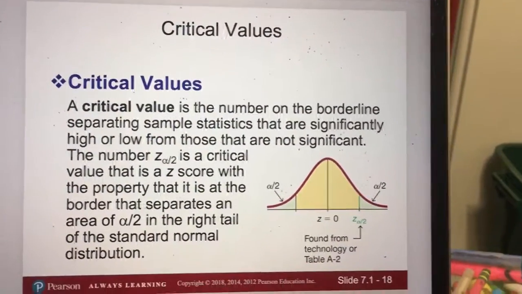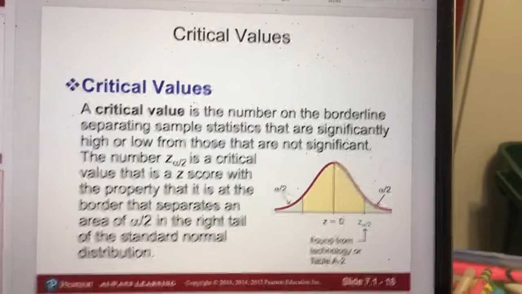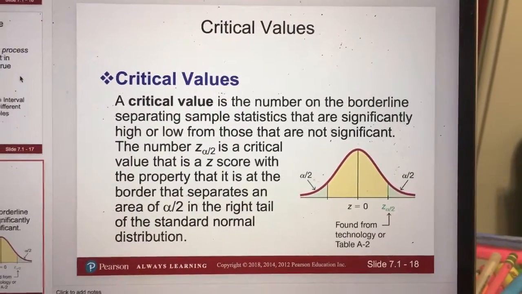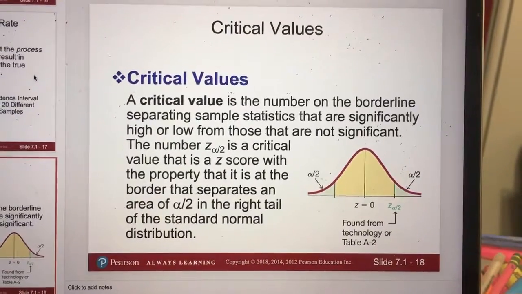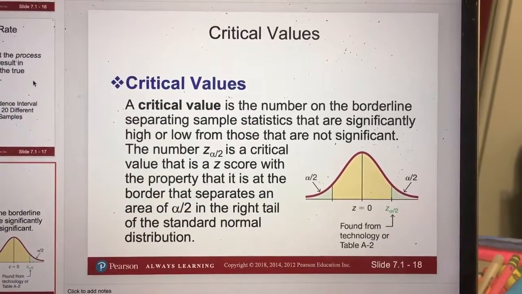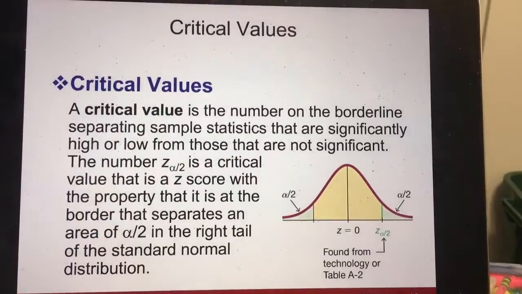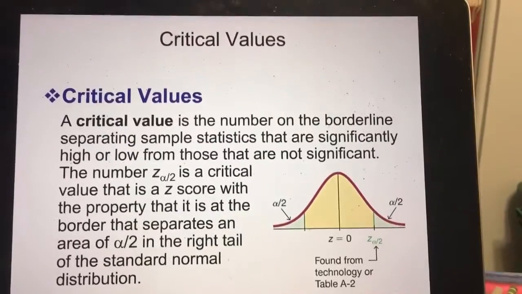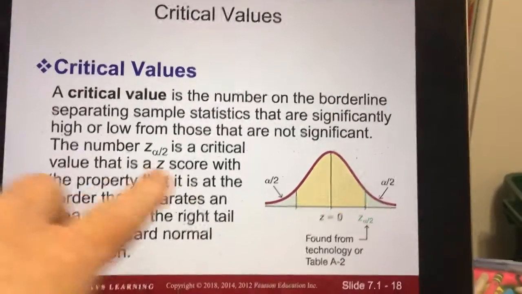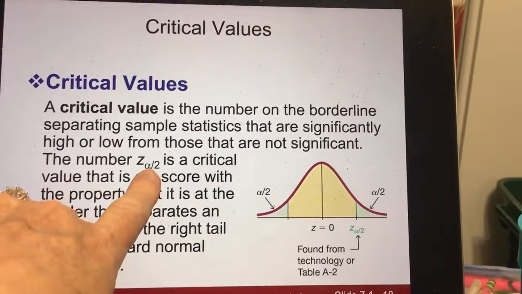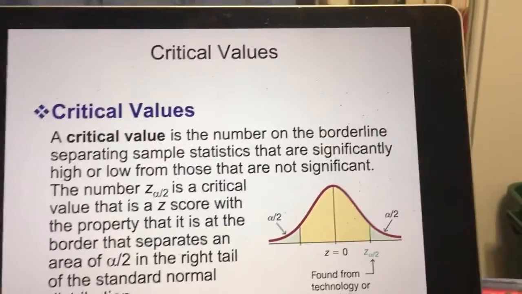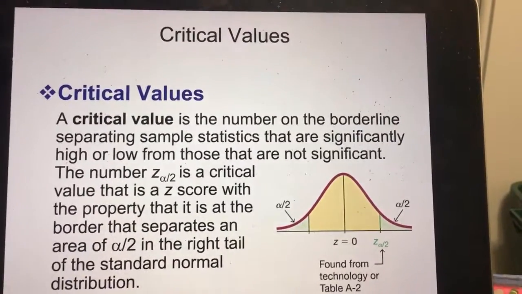Here's the intro to critical value slide, and this is very important because we're going to have critical values in every different type of scenario that we use to find a confidence interval. So here we have this number, z of alpha over 2. Now remember, we've talked about being 95% confident.